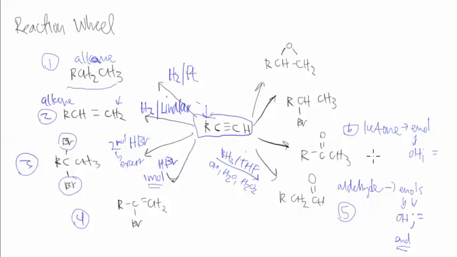So I need some way to add on water. And I could, if I wanted, put water and maybe some acid here, sulfuric in a way. And this would put H onto the right and OH onto the left.